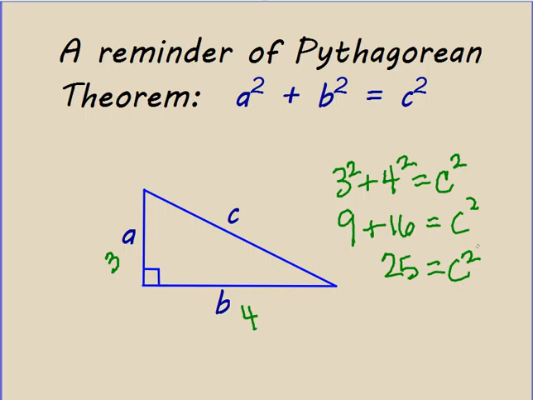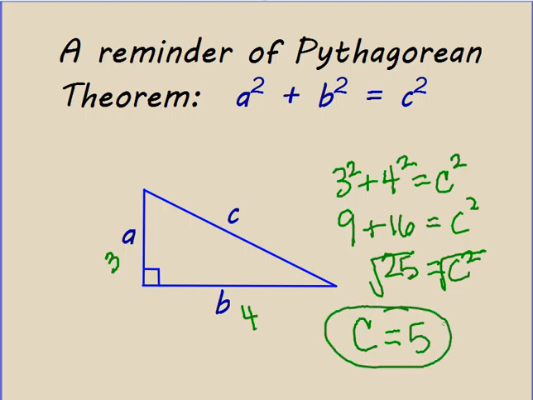And remember, the opposite of a square is a square root. So to get rid of the square, I square root both sides. The square root of C squared is C, and the square root of 25 is 5. My missing hypotenuse length is 5.